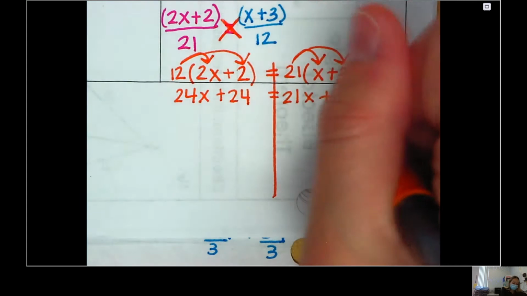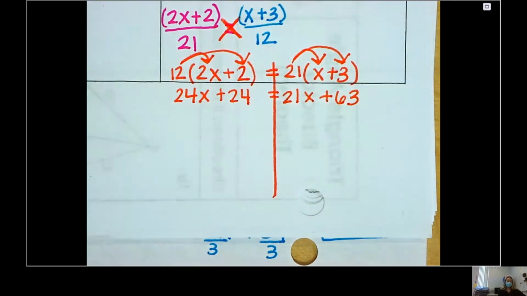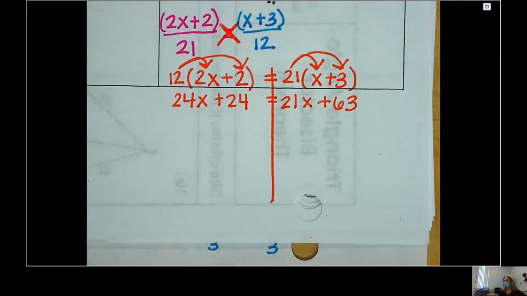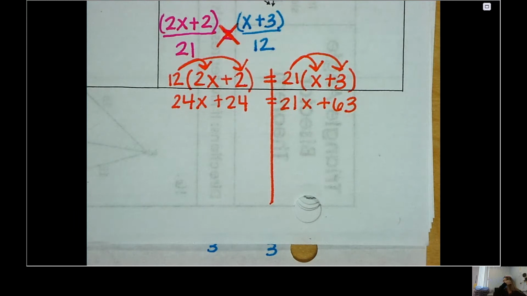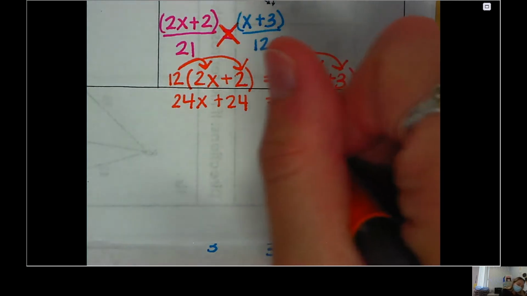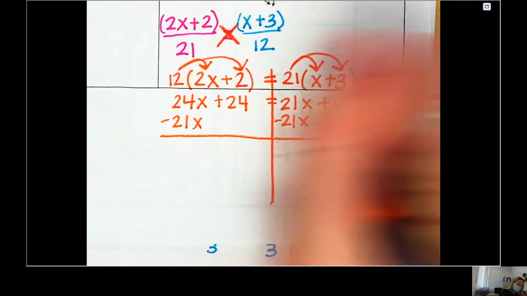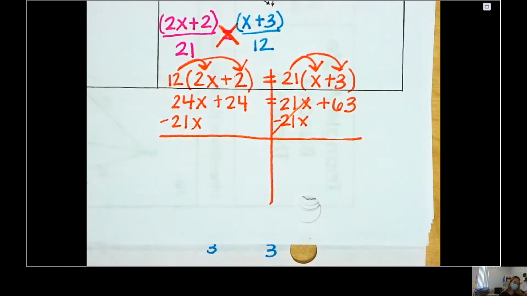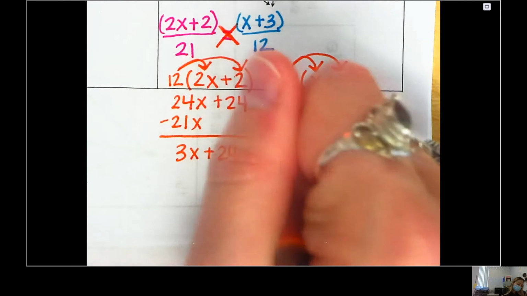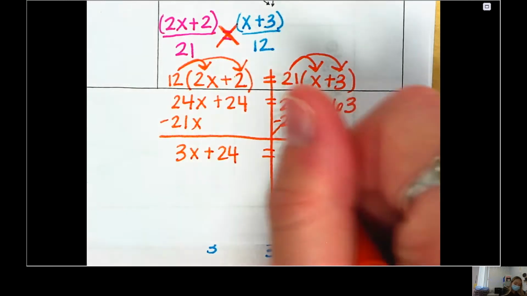Good. And now you should feel way more confident because now it's just some quick algebra. I get all my x's to the same side, so which x should I move? 21. By doing what? Subtracting, because it's a positive. All right, and then I'm just doing some quick algebra here. So 3x plus 24 equals 63.